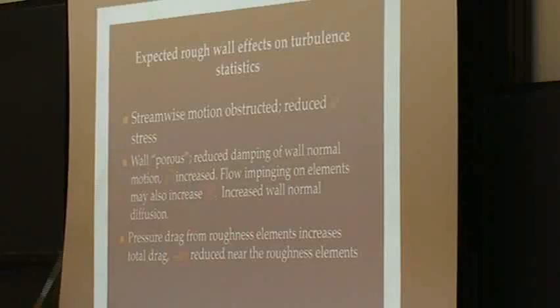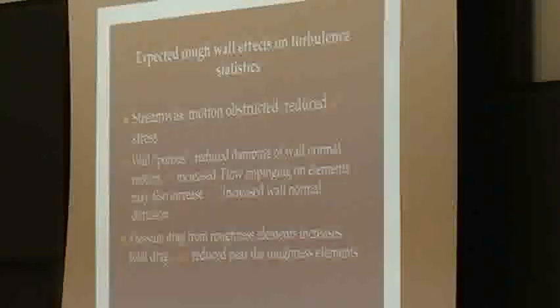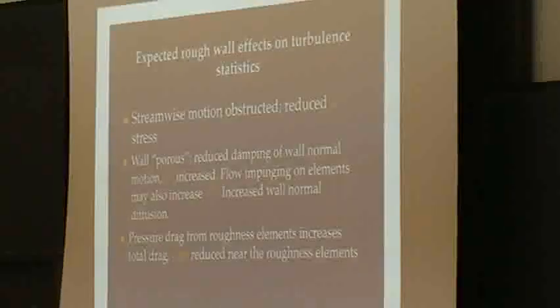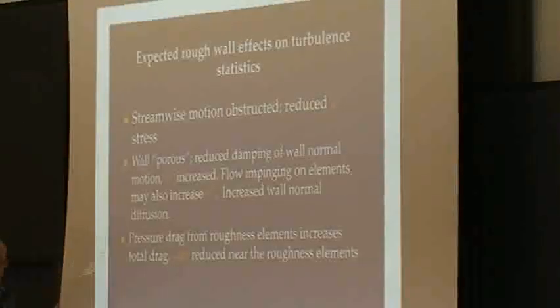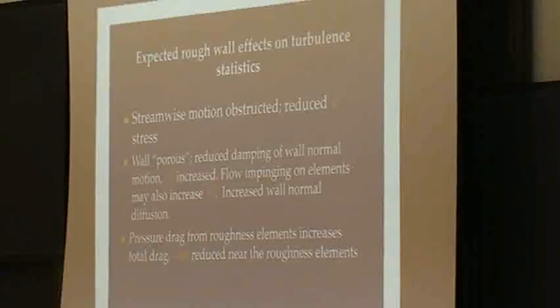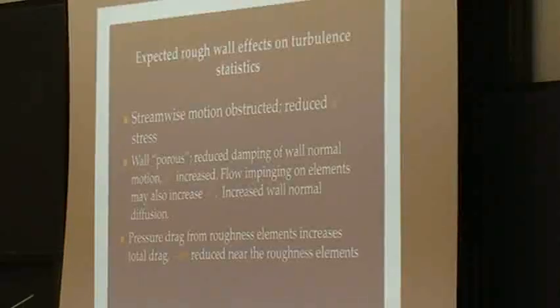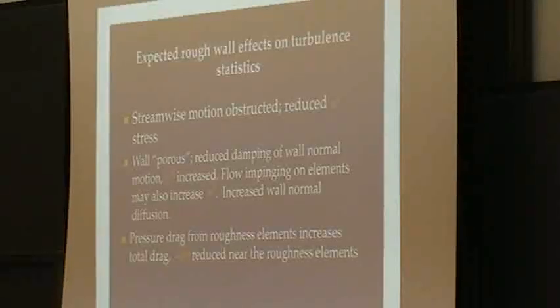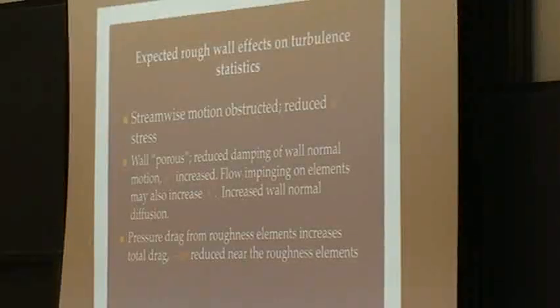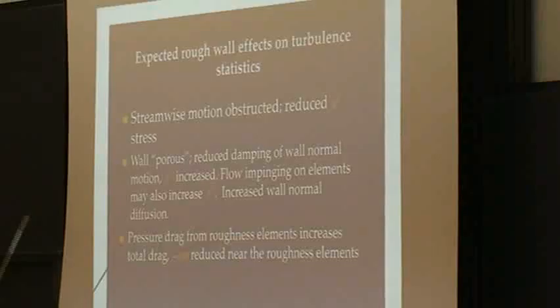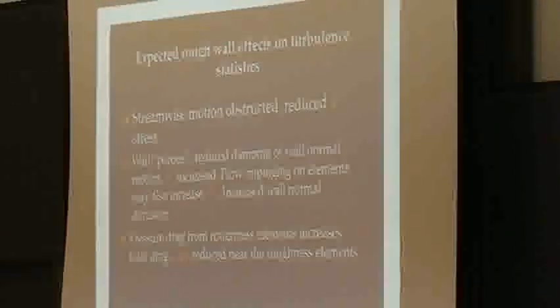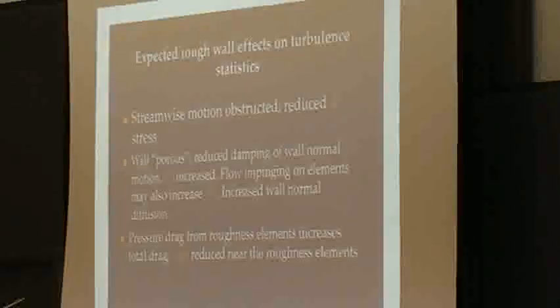And the first thing that we can agree on, I think, is that if you introduce obstacles in the flow, something is going to happen to the streamwise velocity components near the wall, and the most likely part of that energy, which is coming in the streamwise direction, is going to be diverted into the other two directions as the flow impacts on the obstructions. So we expect to see a reduction in the streamwise normal stress as we get close to the surface.